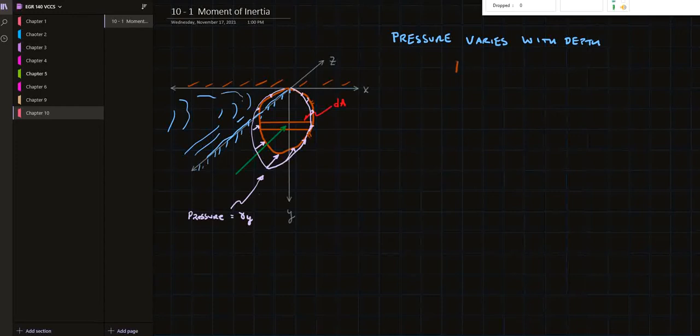So the pressure equals some gamma y, where gamma, as usual, is the specific weight, which is weight per volume of material, and that's the specific weight of the water.